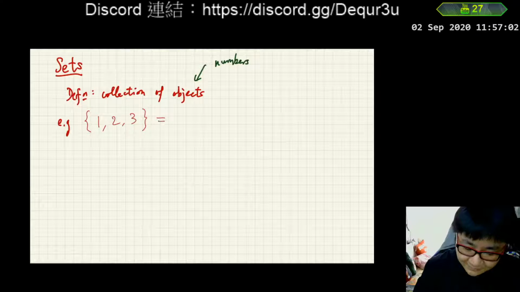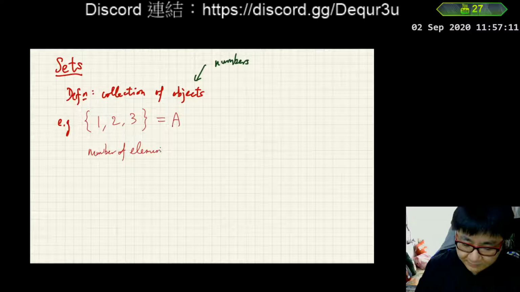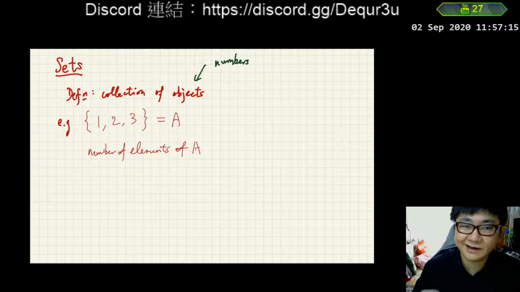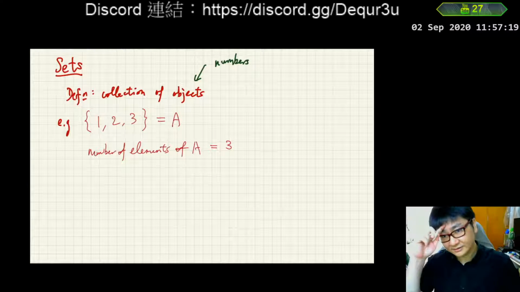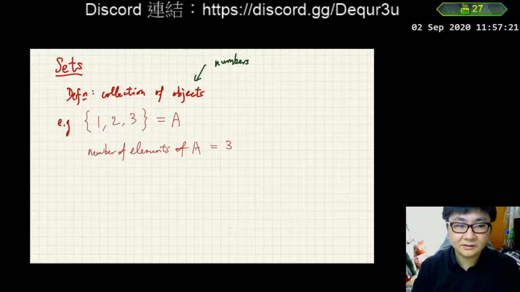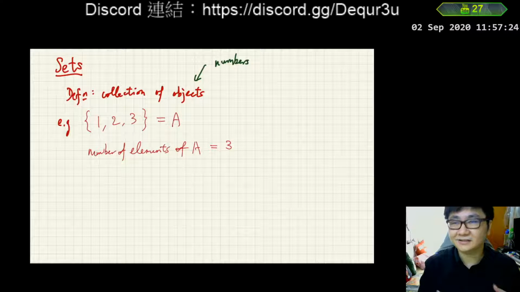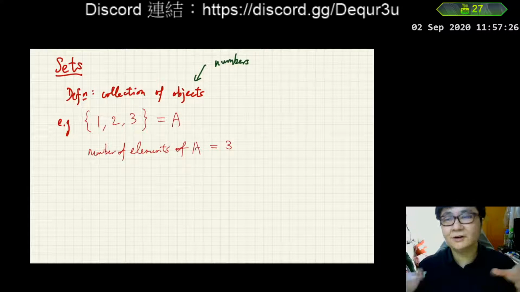Then for example, we can call it the set A. Okay, then the number of elements of A, it means how many things are there in the set. Then there are altogether 3 elements. Okay, so you can just consider a set as a box holding something.